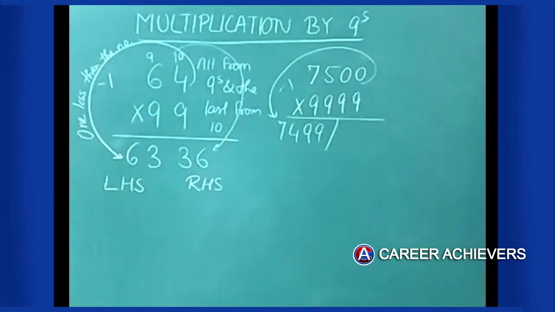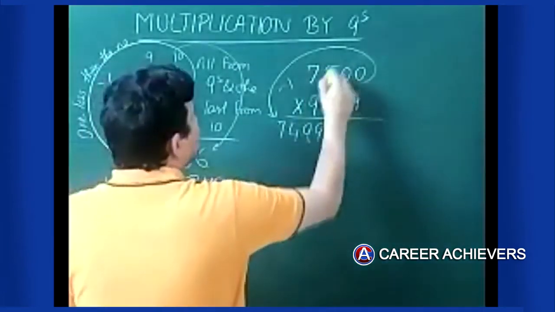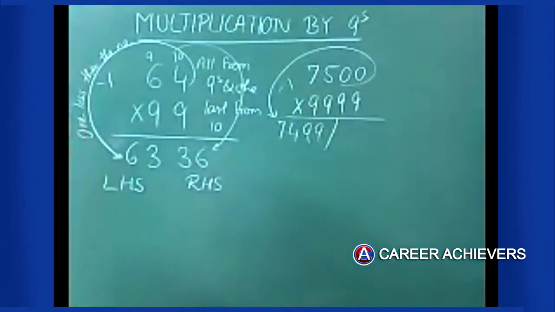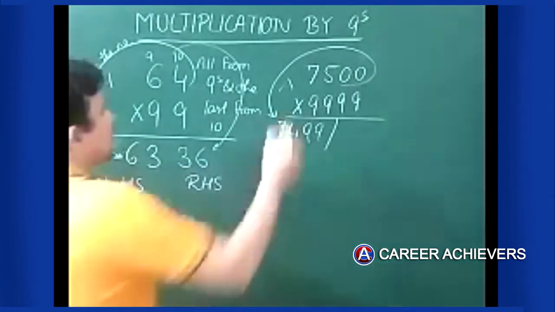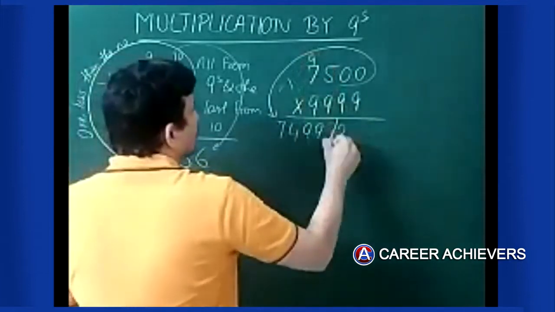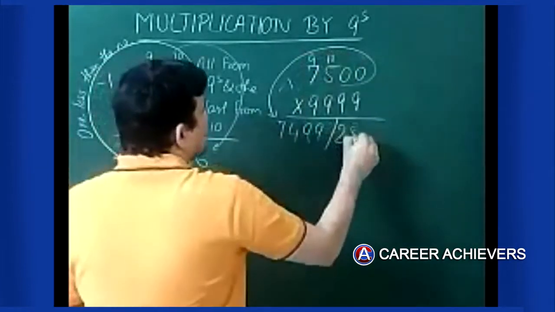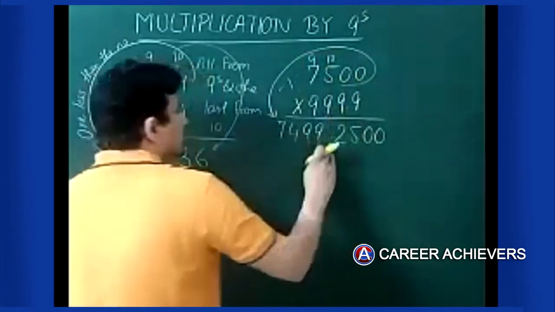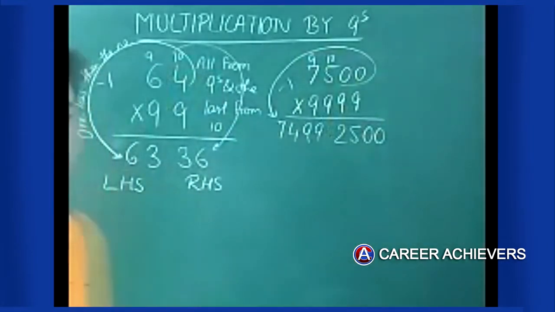But to apply all from 9 last from 10 in RHS, the rule says consider the first non-zero digit from the right as the last, followed by equal number of zeros. You remember? Yes. Okay. So this is 9 minus 7, which is 2, 10 minus 5, which is 5, and then followed by 2 zeros. Right? This is our case 1.